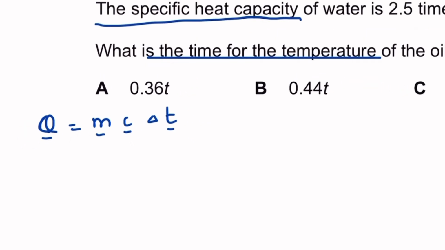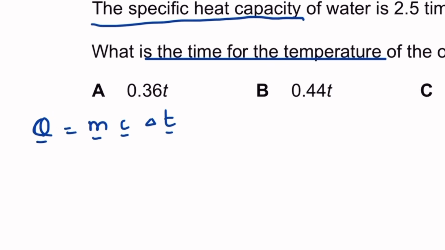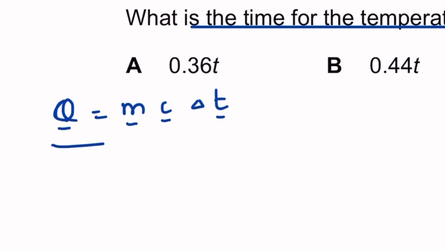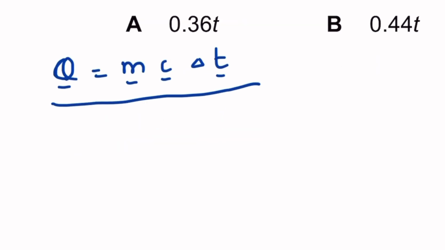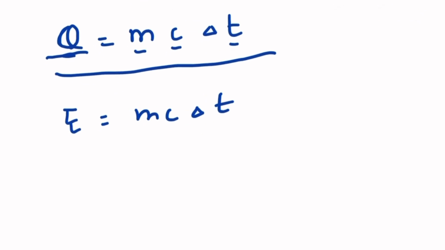And it says what is the time for a temperature rise. As you can see in this formula, we are not getting any time, so you also need to use another formula. This Q is energy, so we can write E equal to m c delta T. It's still energy, and we know that energy is equal to power into time.